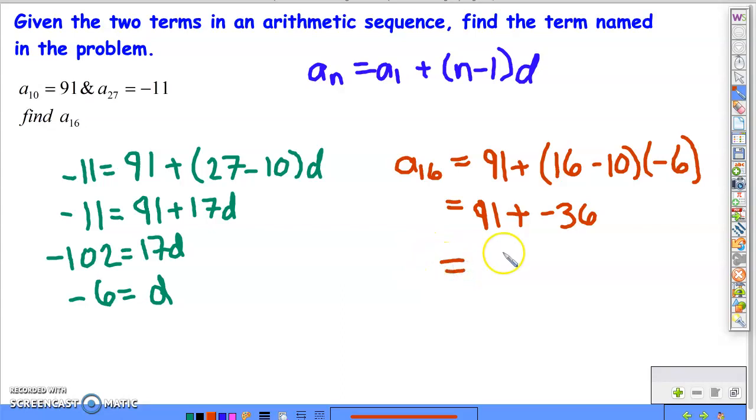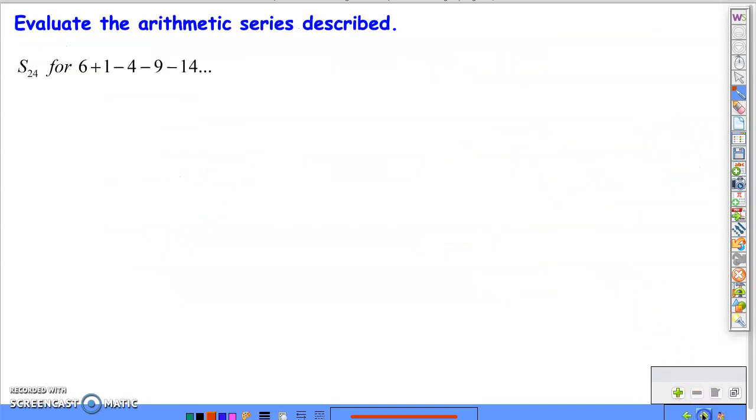And we do that, we're going to get an answer of 55 for a16. So again, first you got to find d by plugging in these two terms. We use 27 and 10 because we're using 27 in the 10th term. Find d, and then repeat the process over now that you know d. On to the next question.